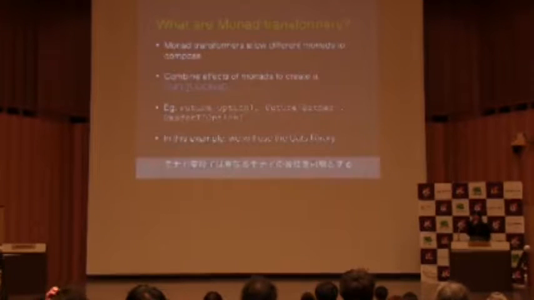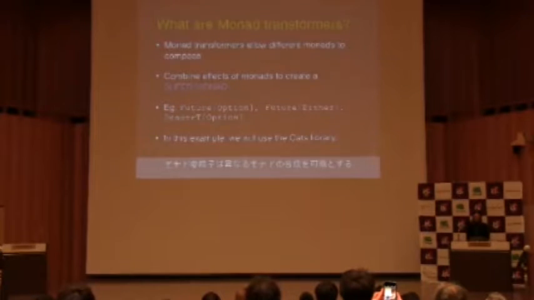So what are monad transformers? Well, they basically allow you to combine different monads and combine their effects to create a super monad. For example, if you have a future that allows you to model an asynchronous operation, and you have an option that allows you to have the presence of something or not, you can combine them to have a future of option.